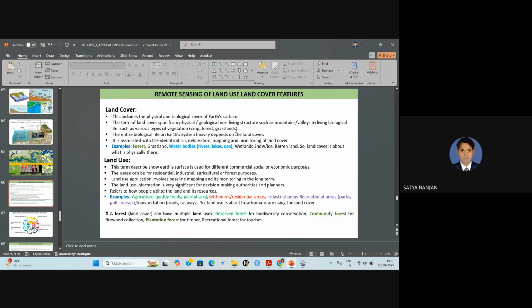And land use generally recognizes agricultural land, paddy fields, plantations, settlements, residential areas, industrial areas. So basically man-made features are land use, and natural features present on the earth's surface are land cover. So this is the difference. We have to calculate all these land use and land cover based on the presence of different landforms.